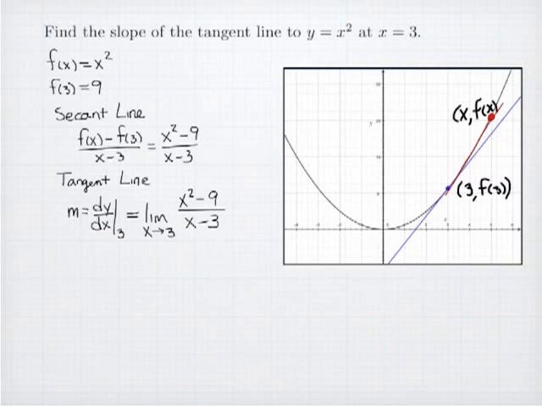Okay. If I want to actually find that slope, my task is to find that limit. To evaluate the limit, we use algebra. For our example, x squared minus 9 factors.